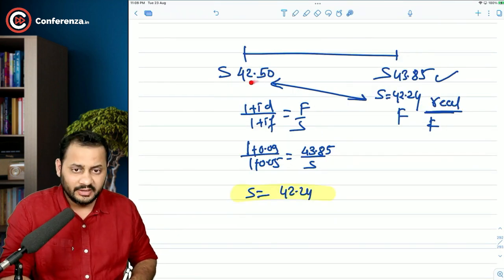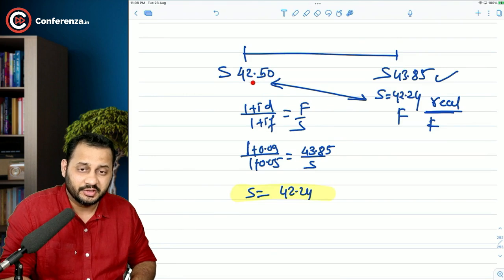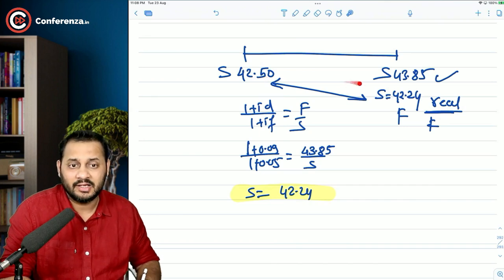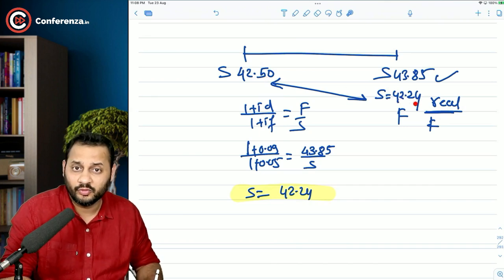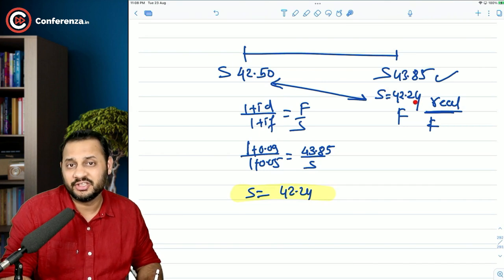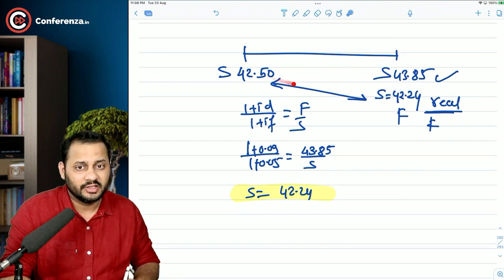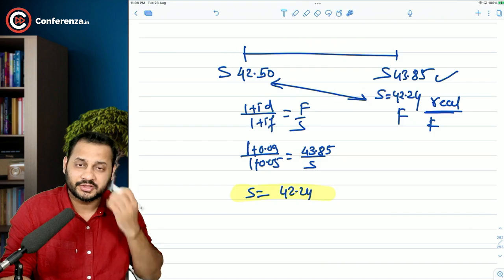Now you can clearly calculate the appreciation, because you can clearly see that the dollar was 42.50 a year back and now it is only 42.24. The rupee value has appreciated because you are paying less amount of rupees to buy the same item. And we have removed the inflation from this part. Do you agree? So the difference between these two will be the appreciation in rupees.